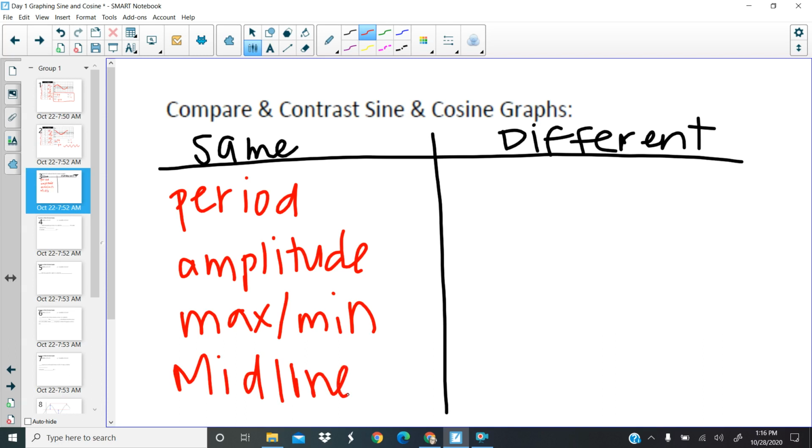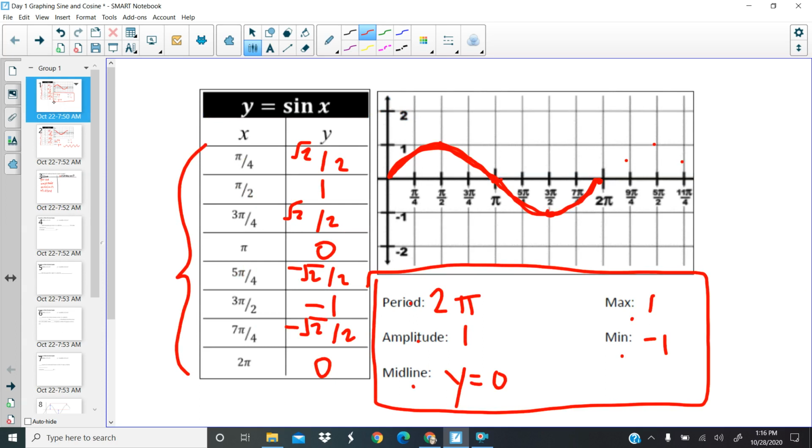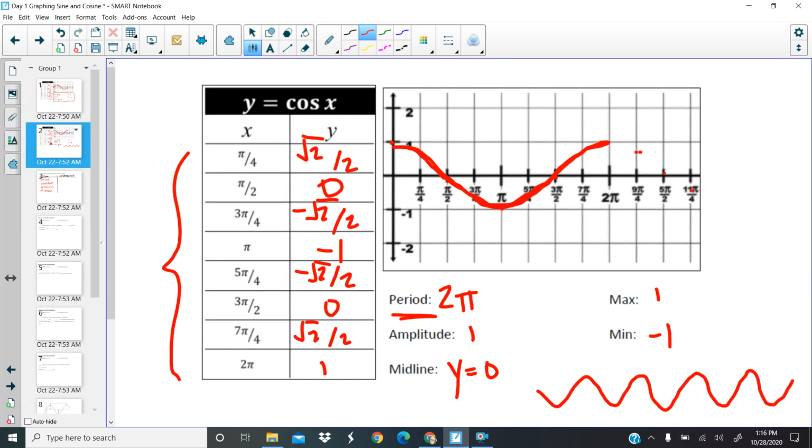So the main thing that I want you to notice that is different though is for sine of x, where we started on the graph, it was at the origin or at y equals 0. And at that point, that's where we're on the midline. For our cosine graph, we started at 1, which is going to be our maximum.